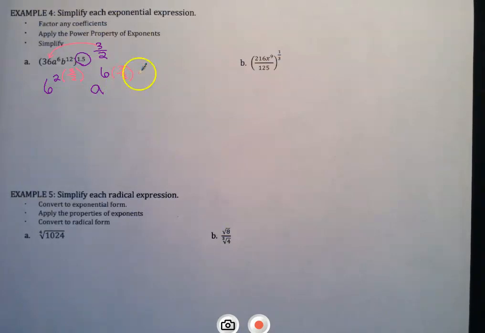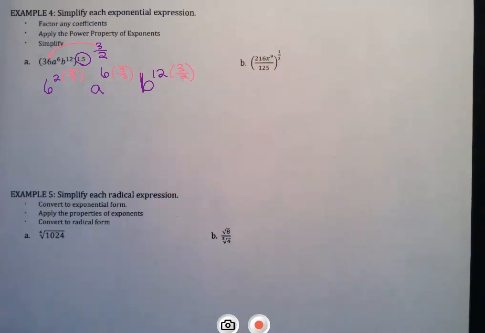And then I have b to the 12th. Oh, my color didn't change like I wanted it to. So let me go back. My board is just refusing. There we go. So then I have b to the 12th, and again, times 3/2.